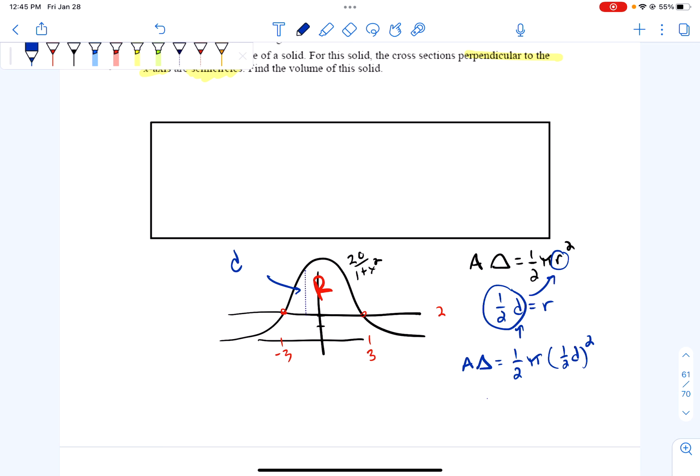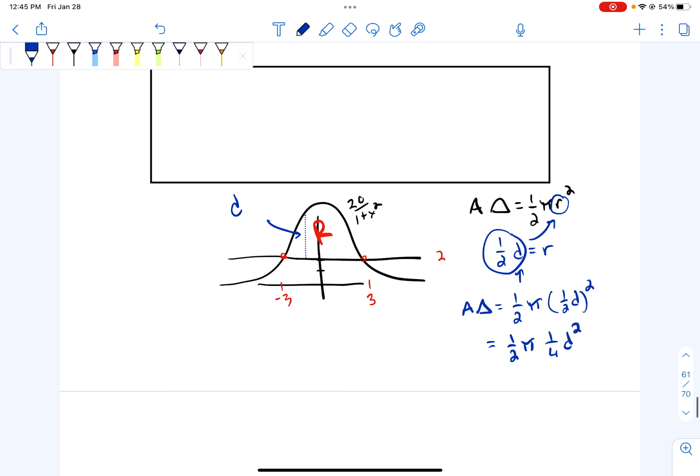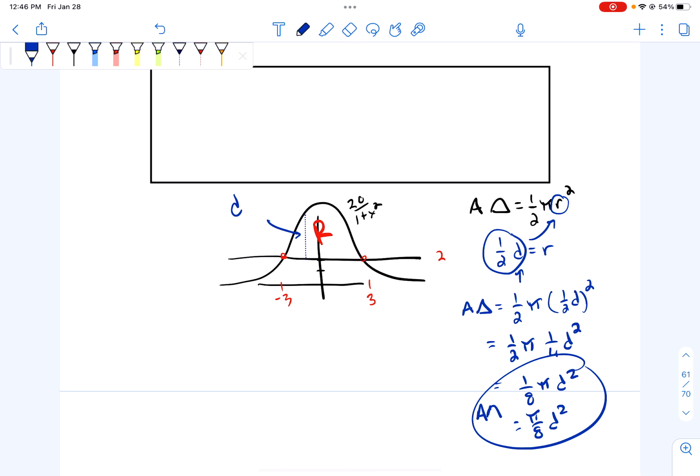So my formula becomes 1/2 pi. This becomes 1/4 d squared, which ends up being 1/8 pi d squared, or pi over 8 d squared. I like those a lot better. So those are my area formulas for my, that wasn't a triangle, that was a half circle. Those are my area formulas.